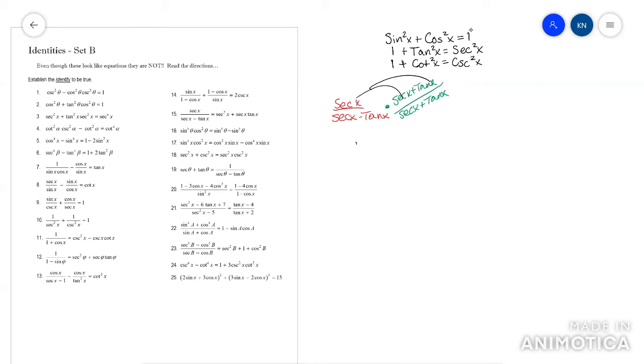So it's going to be secant squared, plus secant tan. And on bottom, it's a difference of squares. So it's going to be secant squared minus tan squared.